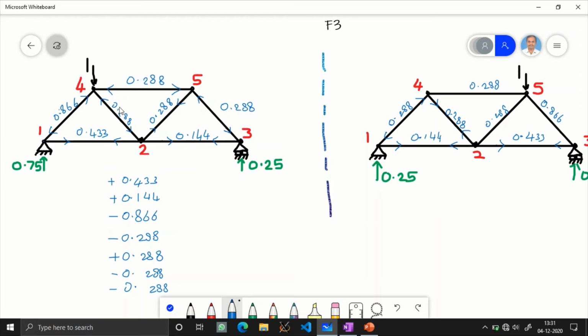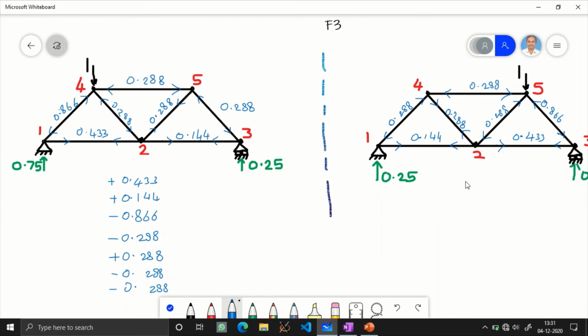This 0.288 is acting towards the joint, so here it will be towards the joint. 0.866 is acting towards joint, so this will act towards joint, and for the top chord it is acting towards joint, so top chord towards joint.